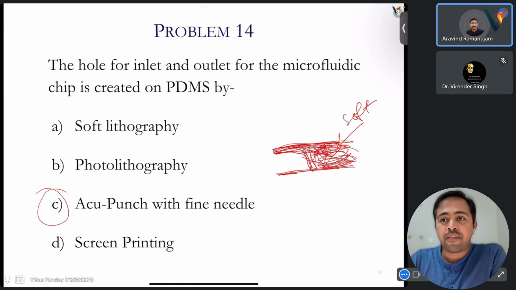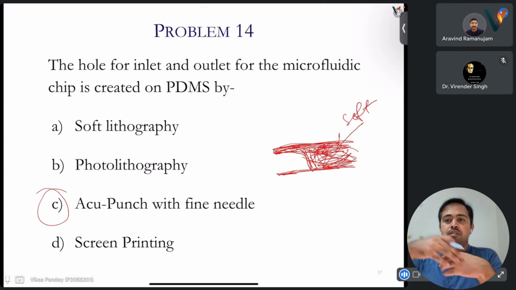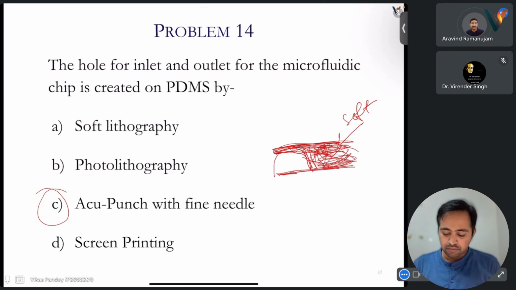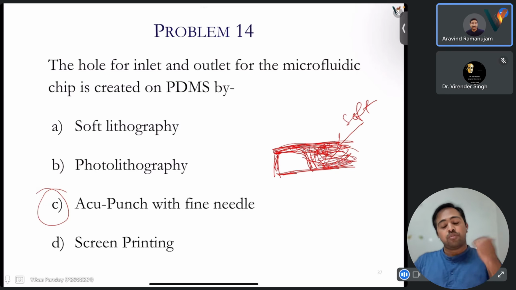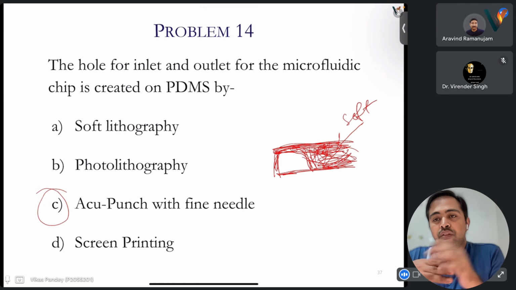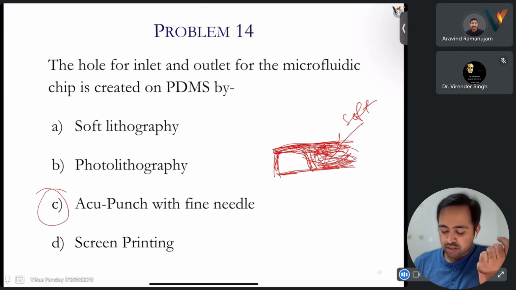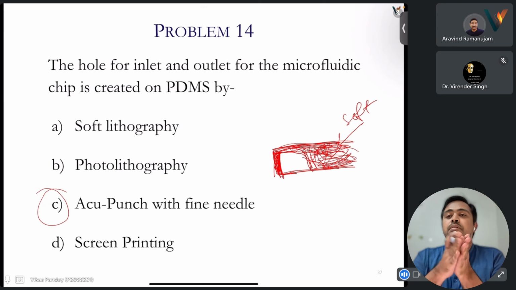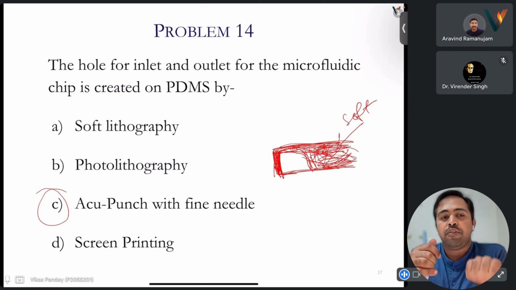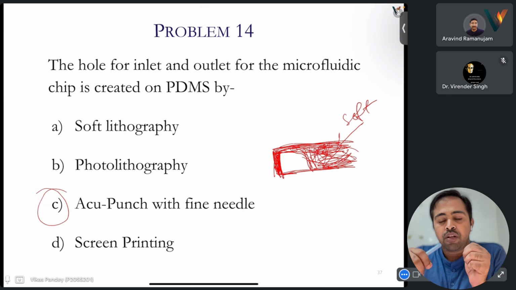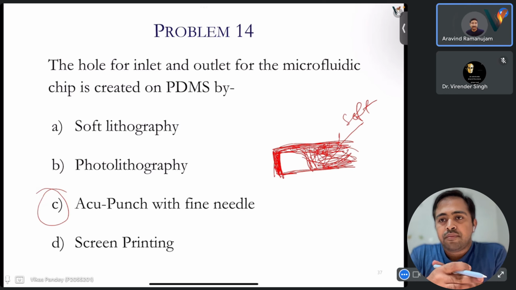It will drop down to the bottom. So, though we are patterning it with soft lithography, this problem will happen. In general, such a structure is made with a small wall kept at the edges, and at the end of the whole process, once it has dried, we just punch it using acupunch, using a fine needle. Fine.